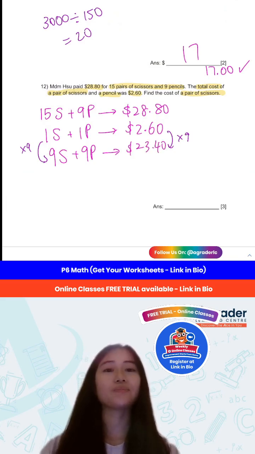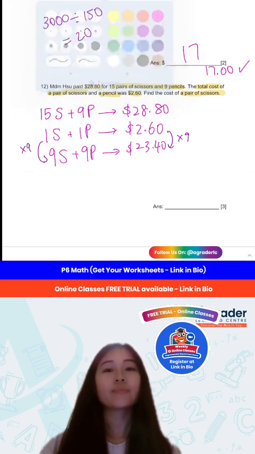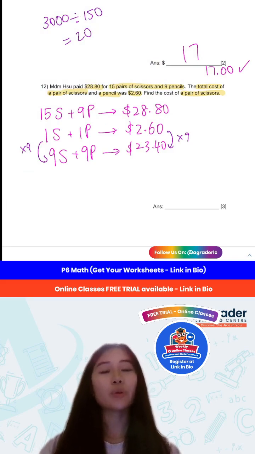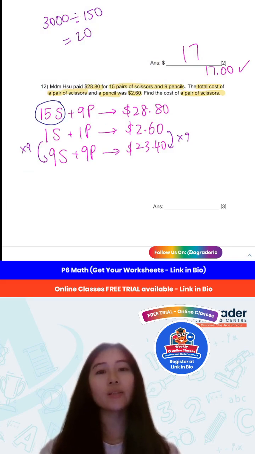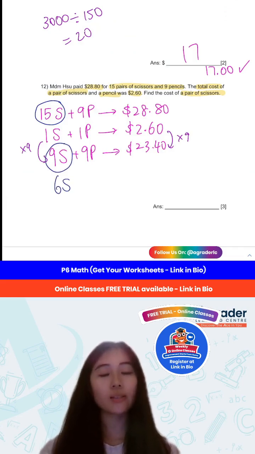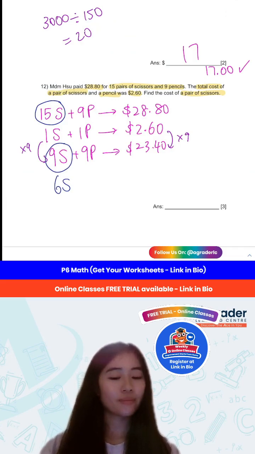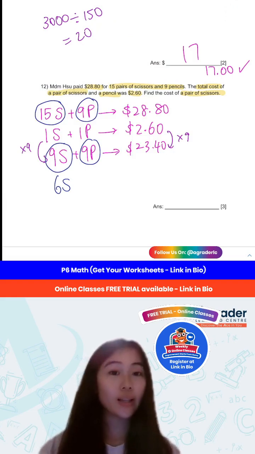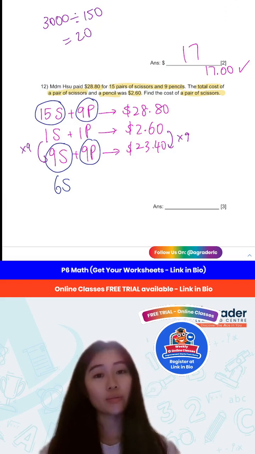Like this. Okay, so after that, I'm going to use the 15 scissors minus the 9 scissors. Then I will get 6 scissors. So you can also use the 9 pencil minus the 9 pencil, then you got no more pencil.